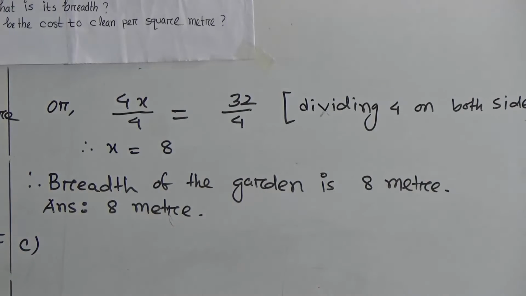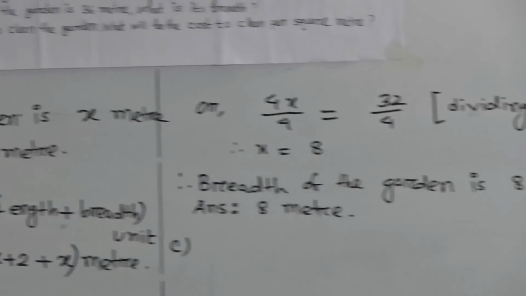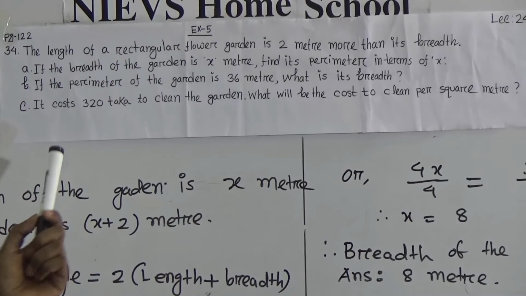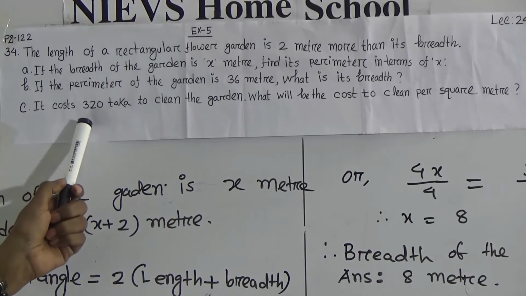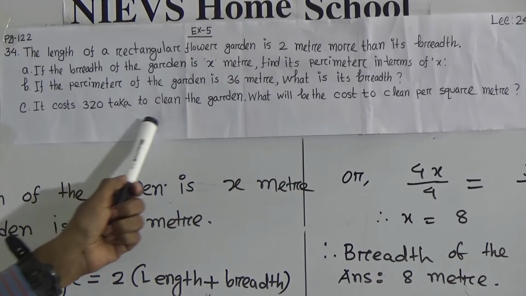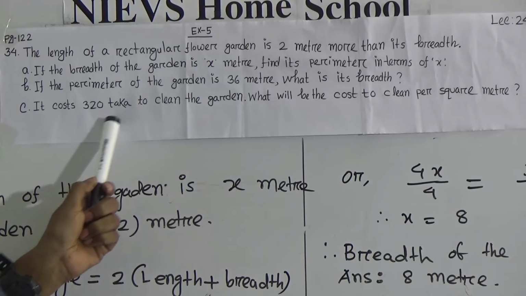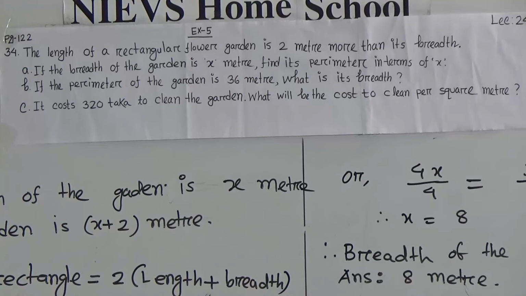Now I will solve question number C. It costs 320 taka to clean the garden. That means to clean the garden, at first we have to determine its area.